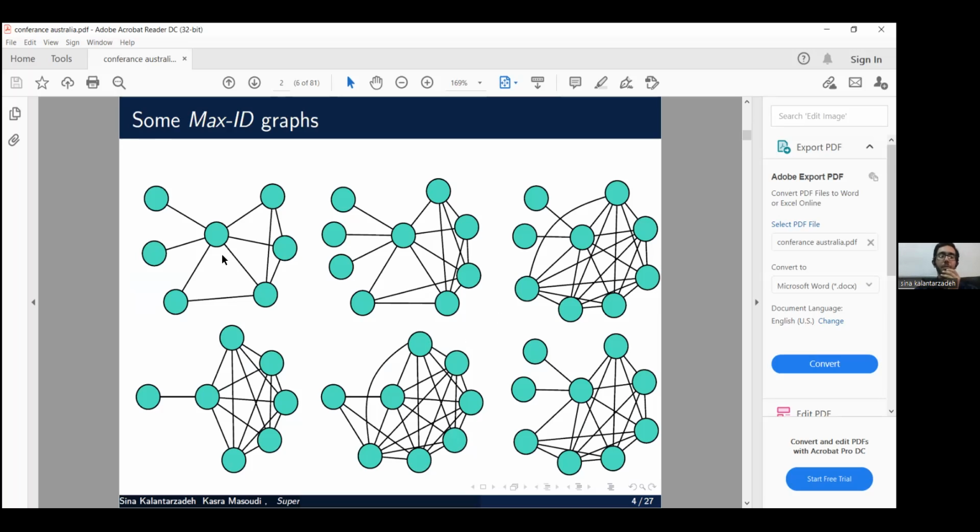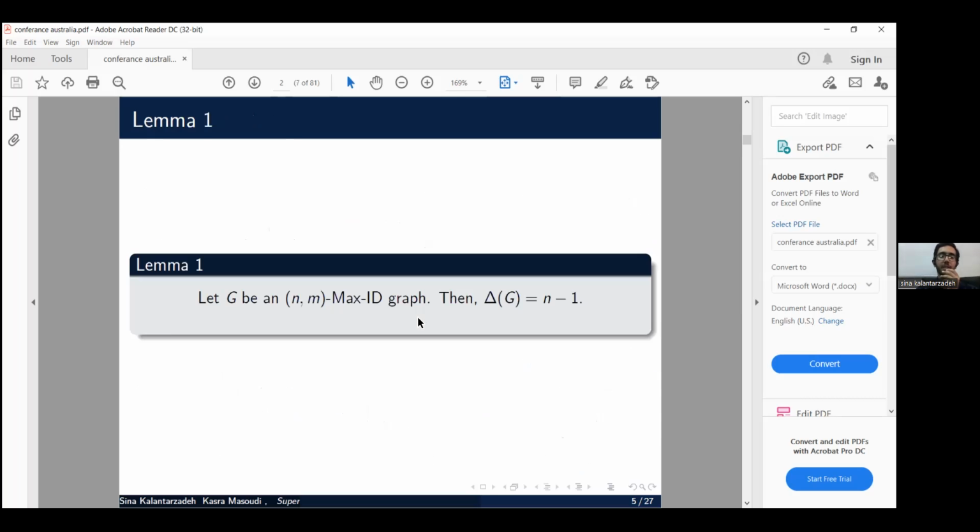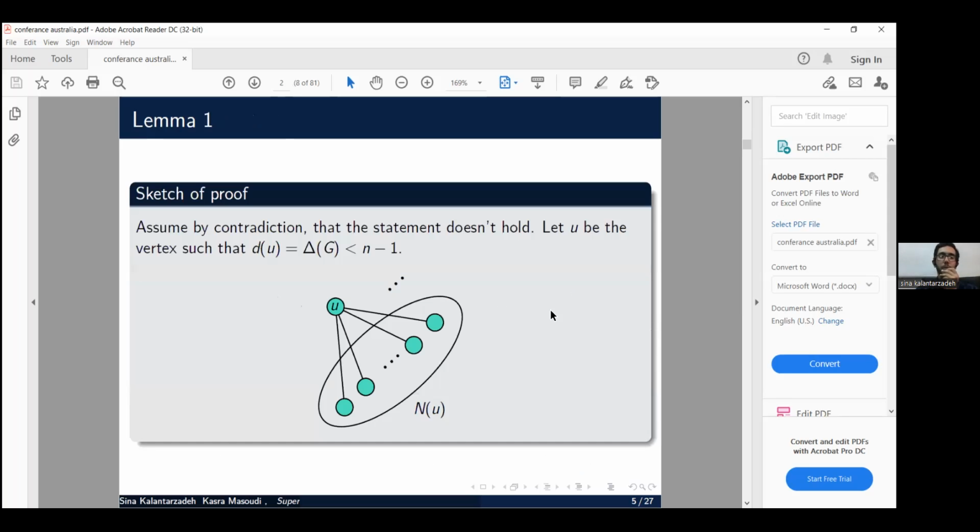The first common feature we are going to prove for these graphs is that all of these graphs have a vertex that is connected to all other vertices. So we state this as our first lemma. Let G be an n maxide graph, then delta of G is equal to n minus 1. And we are going to prove it.